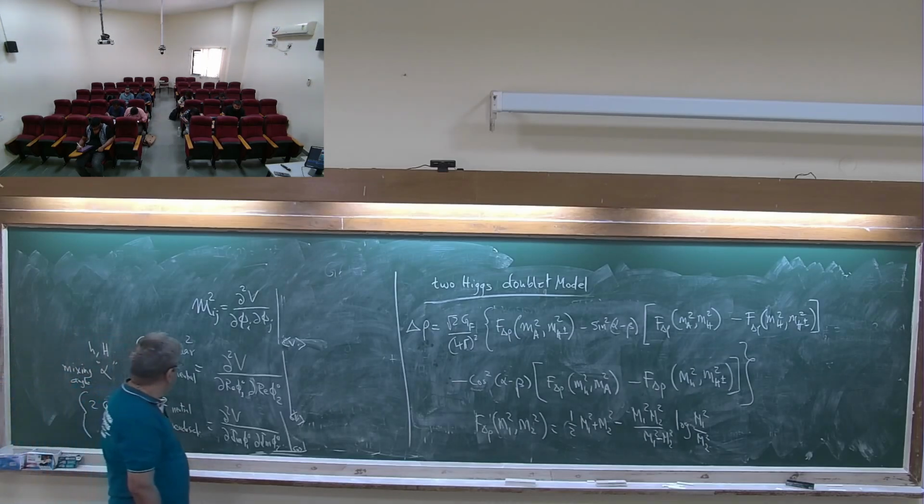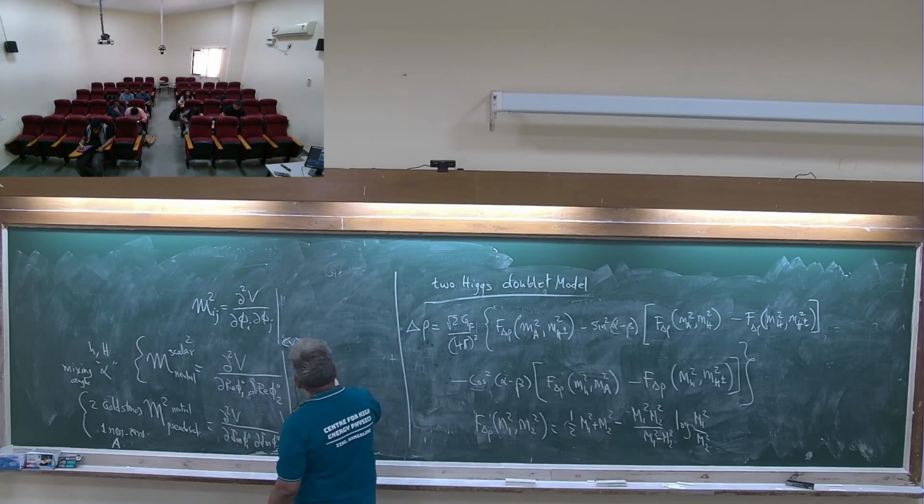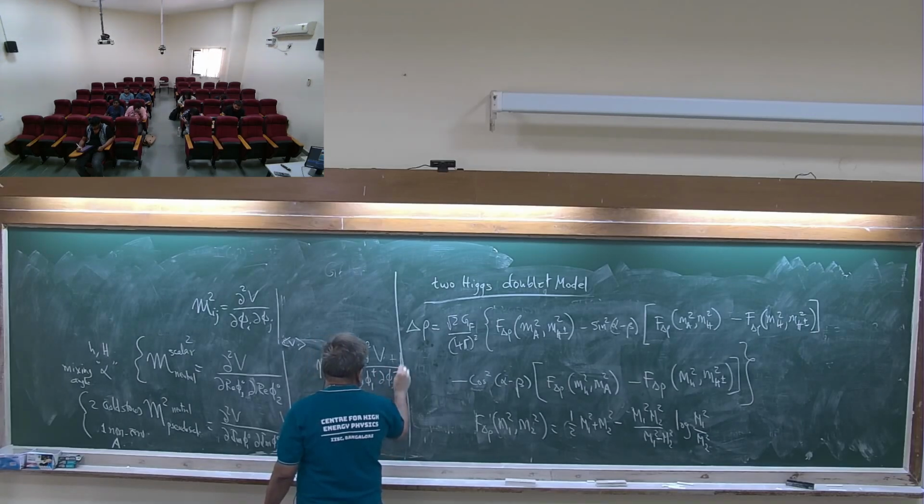And the charged Higgs, m square charged, is the derivative of the potential with respect to phi 1 plus, phi 2 minus at the vacuum. It has 1 zero eigenvalue and one non-zero eigenvalue, which we call H plus minus.